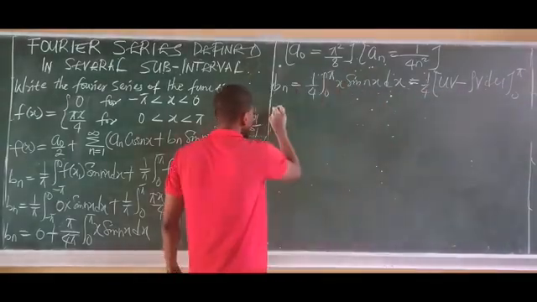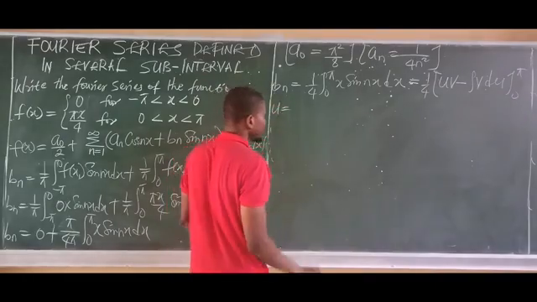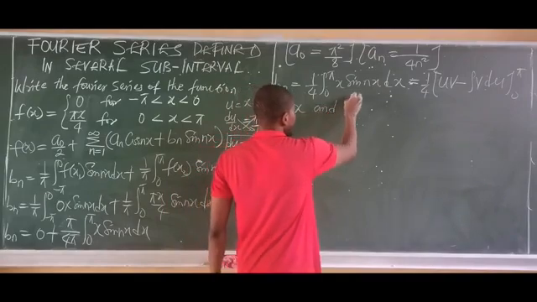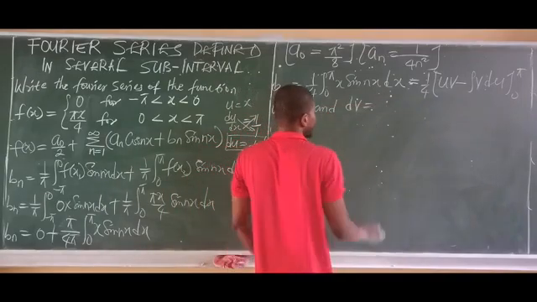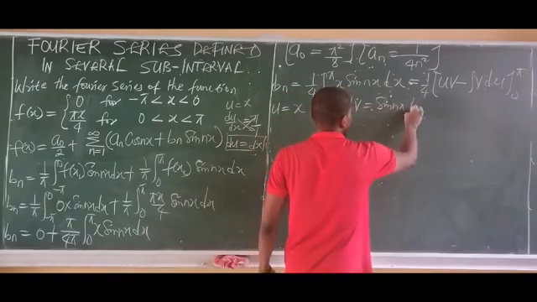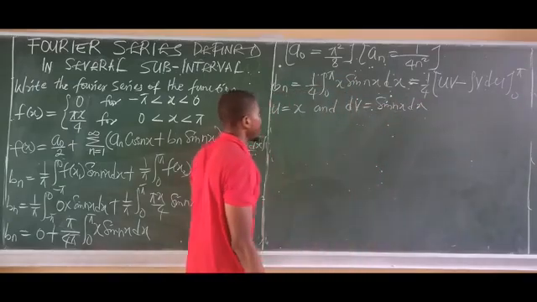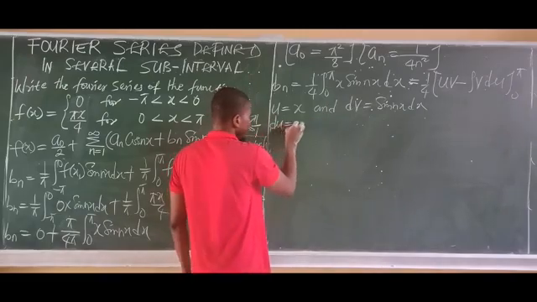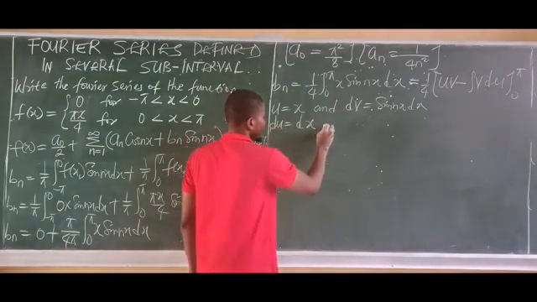So what is u again? U is the given function. In this case, u is x, and v remains the Fourier function under the integral sign, which is what? Sine nx times the x. How do we find the u from the formula? The u is by differentiating x, that gives us what? The x.